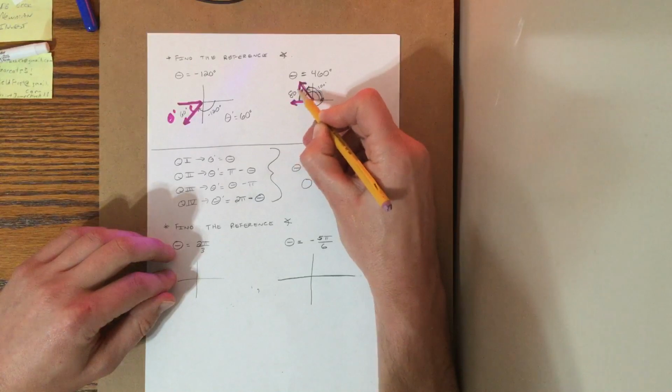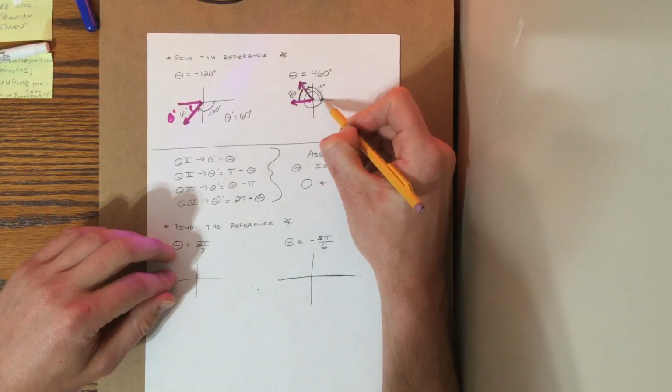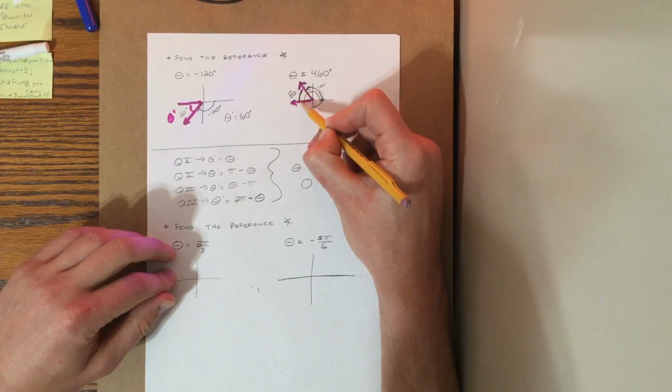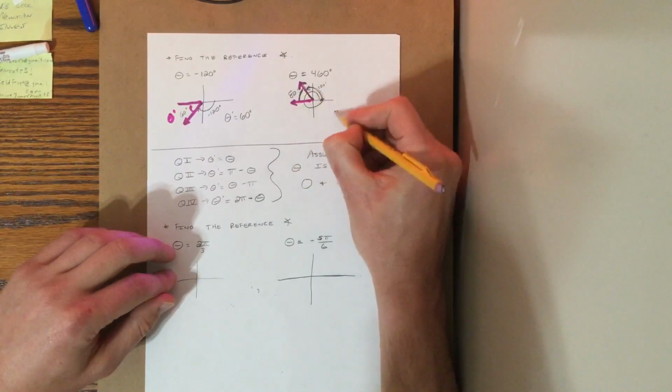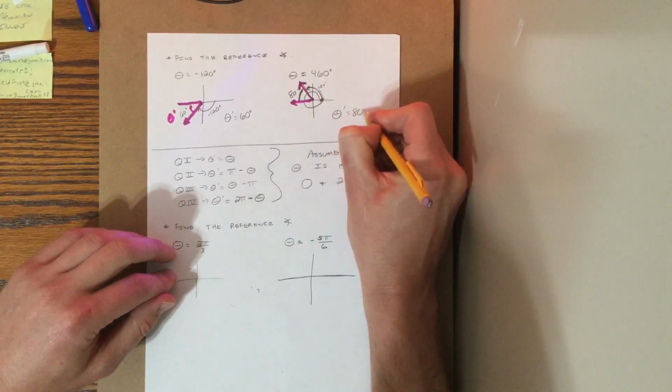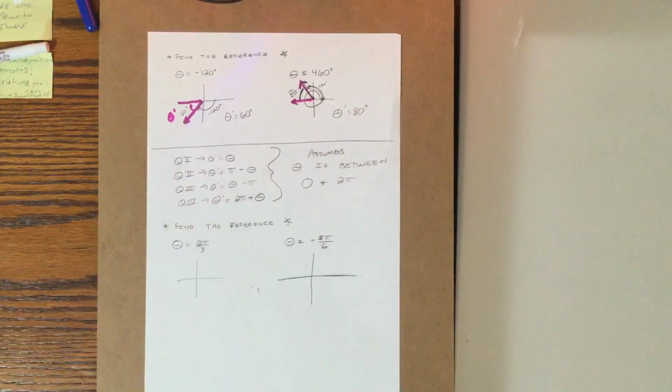That would be another 80, because from here going all the way would be 180 degrees, half a revolution. So our reference angle in this case, theta prime, would be equal to 80 degrees. Those are a little bit more abstract and just require you to think a little bit.